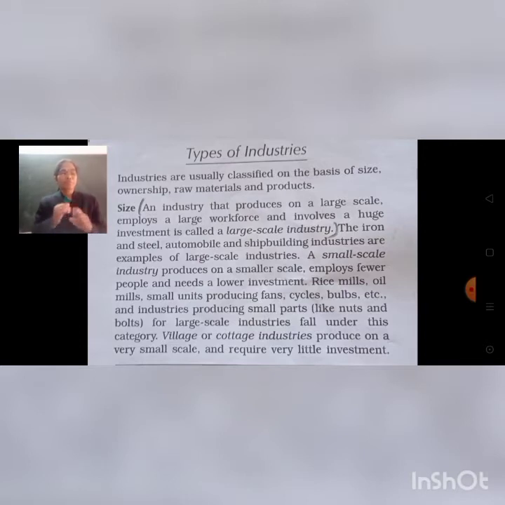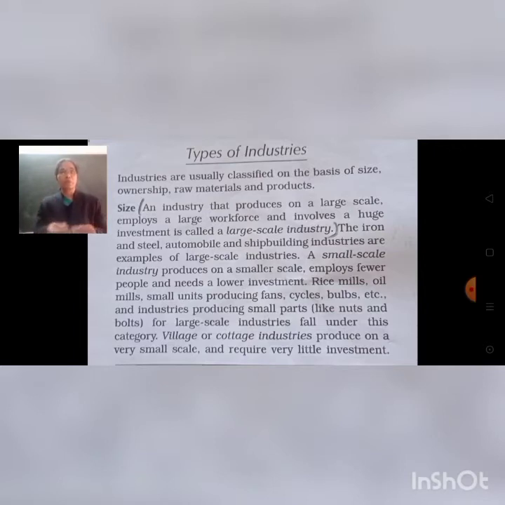Village or cottage industries produce on a very small scale. Village industry or cottage industry, all these are small scale industries because the production is very low, and these industries need very little investment.